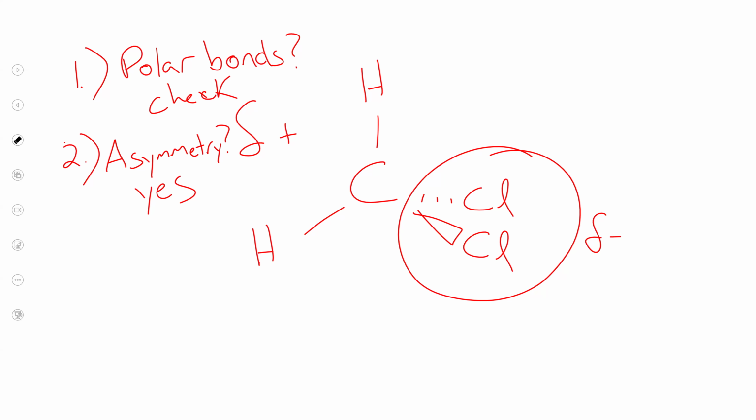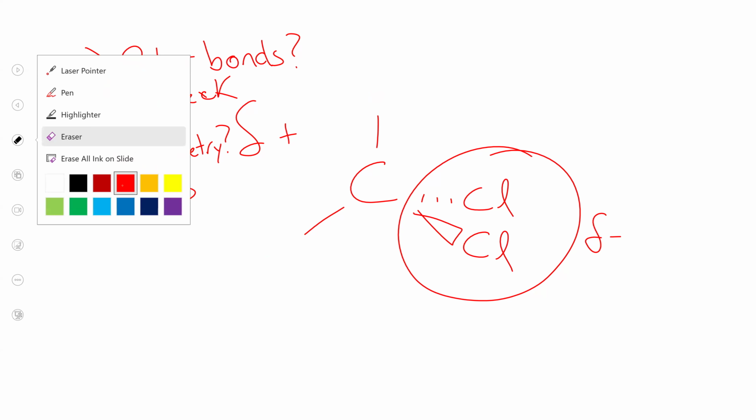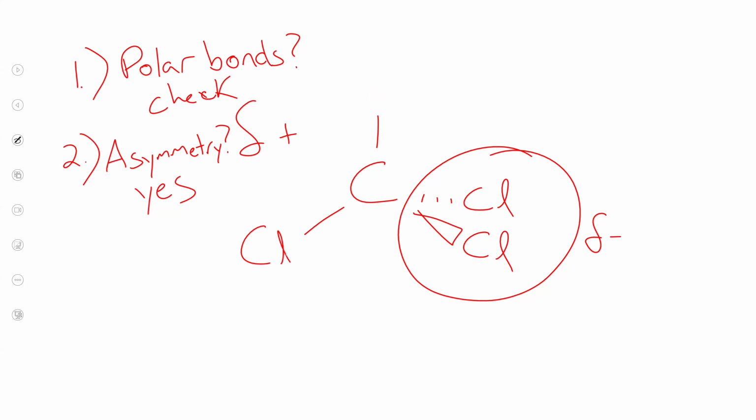What if I replaced these hydrogens with more chlorines? It still has polar bonds, right? Carbon to chlorine we already established is a polar bond. But now it's symmetric. Now our electronegative elements are equal in all directions.